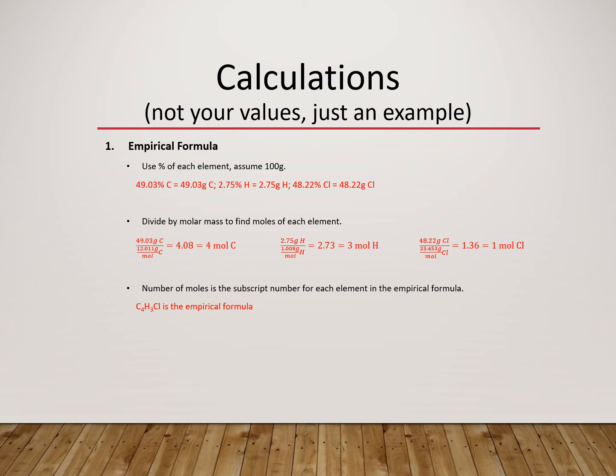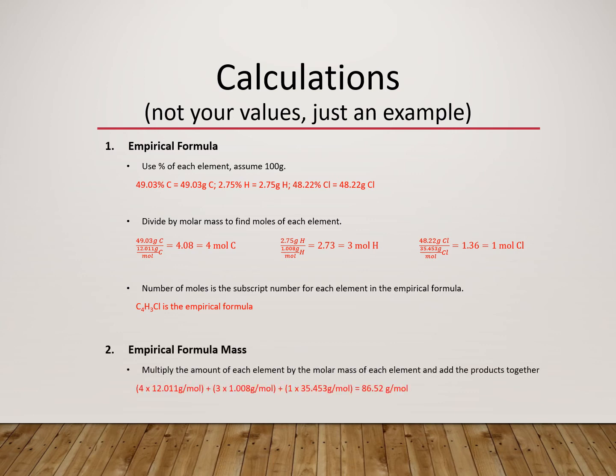So you can see we calculated 4 moles of carbon, so that is a C4 in the formula. Same with hydrogen, we had 3 moles, and chloride, we had 1 mole. So that's how you write your empirical formula. So empirical formula is just the lowest number ratio between all the elements.